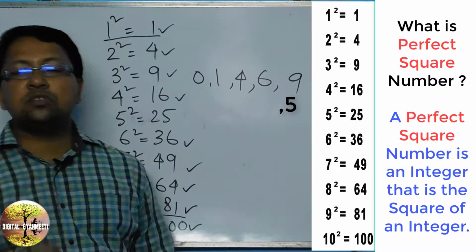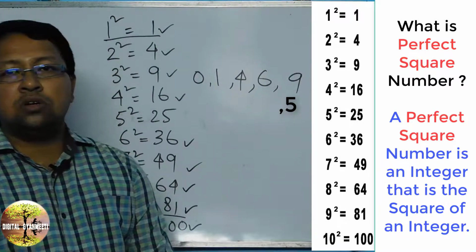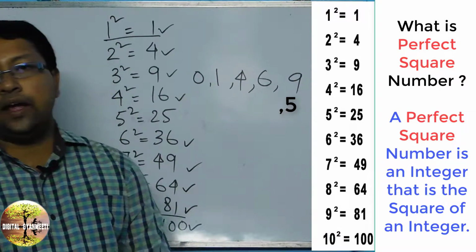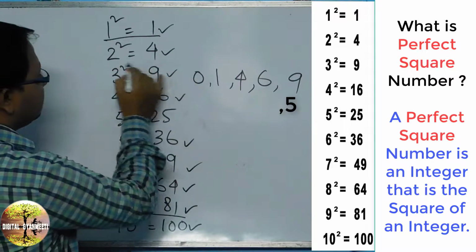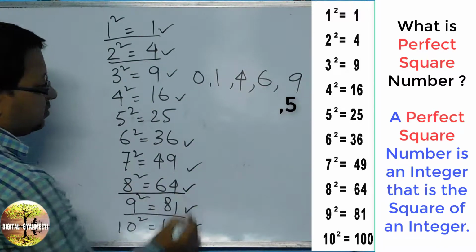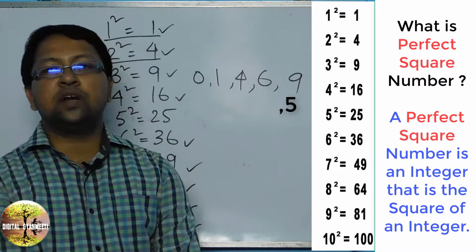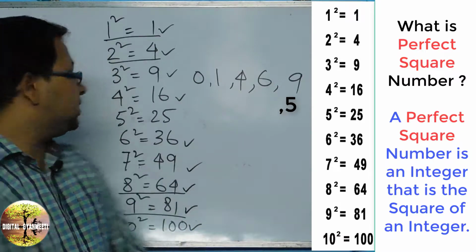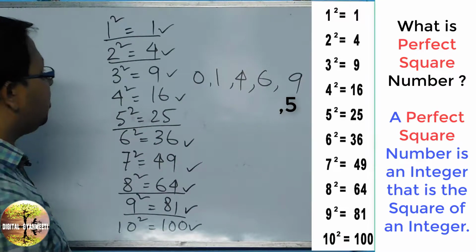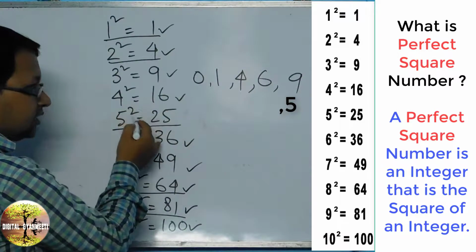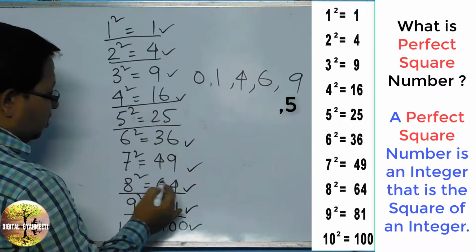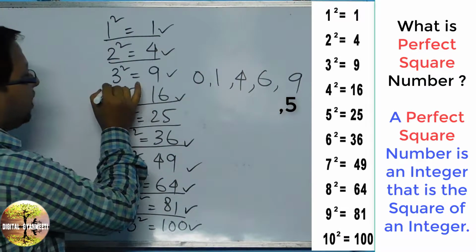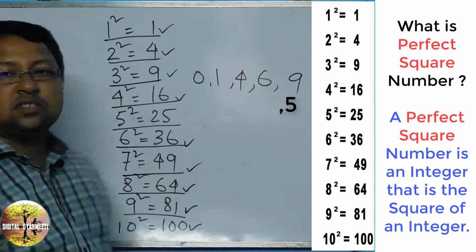Similarly, if the perfect square ends in the number 4, then the last digit of the square root will be 2 or 8. And if the perfect square ends in the number 5, then the last digit of the square root is 5. Similarly, when 6, then the last digit of the square root is 4 or 6, and when 9, then the last digit of the square root is 3 or 7.